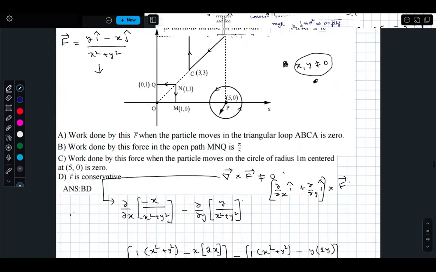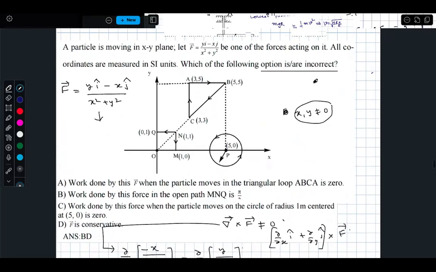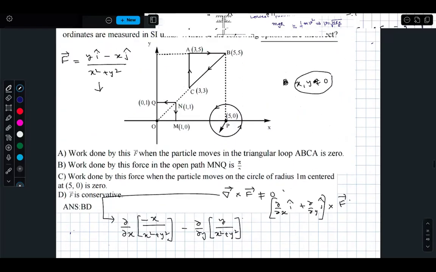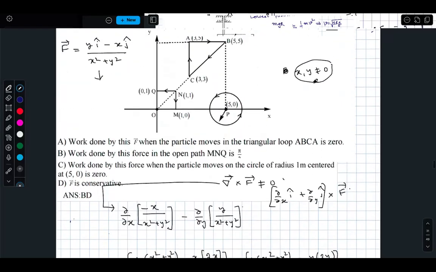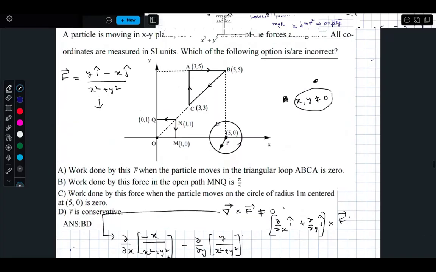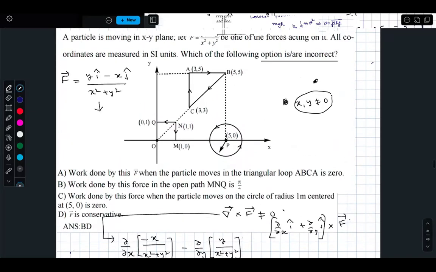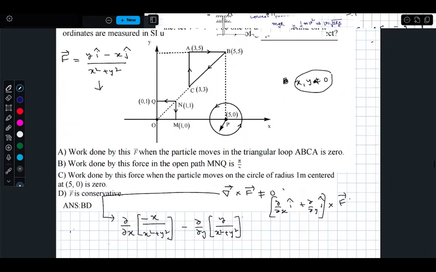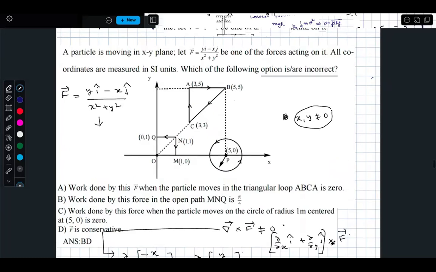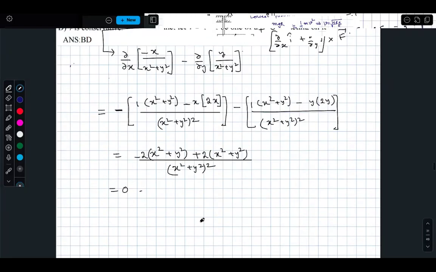We will ignore i cap. i cap cross j cap term we will do. We will get this only. Next thing, dou y dou x of i cap is just minus. Everything is correct there. So I got 0.